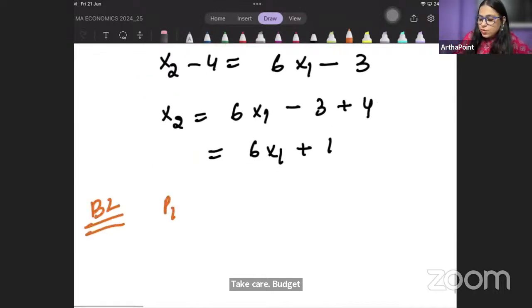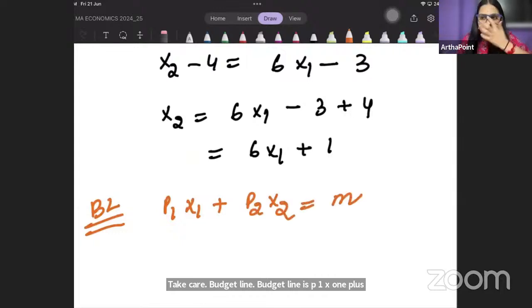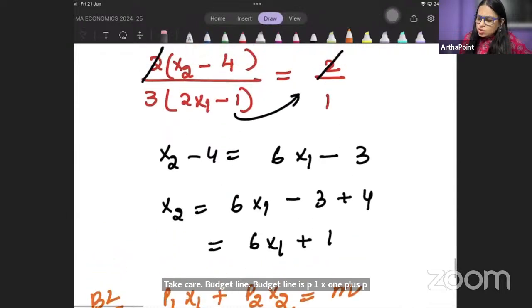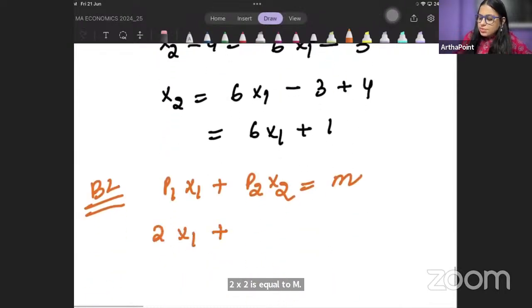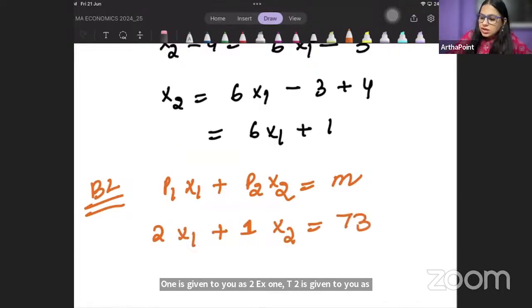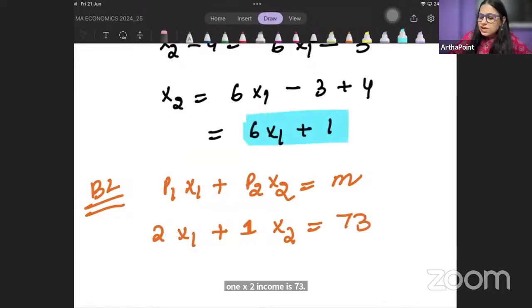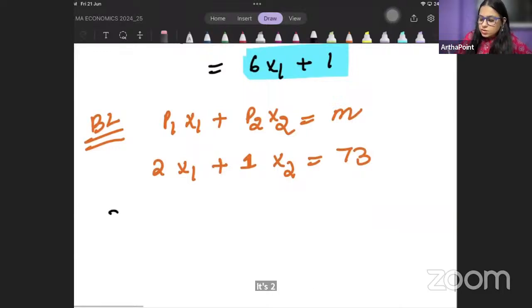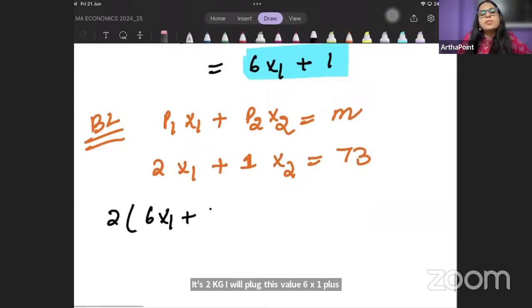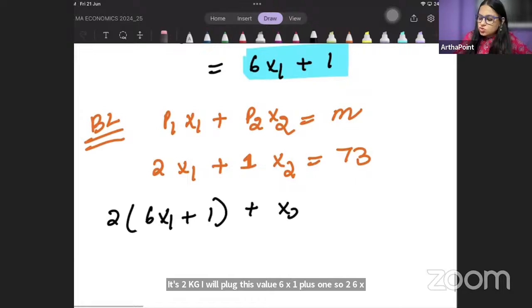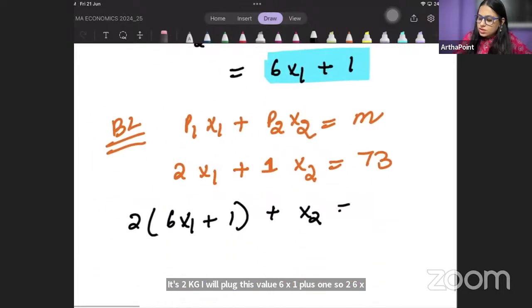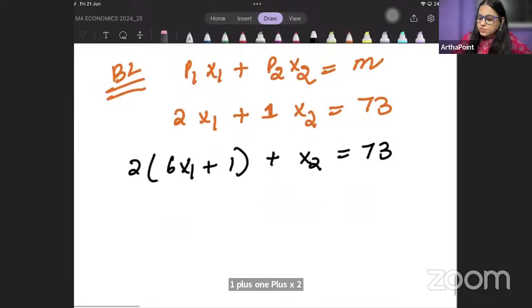Budget line is P1 x1 plus P2 x2 is equal to M. P1 is given to you as 2, P2 is given to you as 1. Income is 73. x2 की जगह पे I will plug this value 6x1 plus 1. So 2x1 plus x2 is equal to 73. So just go ahead and now solve this thing.